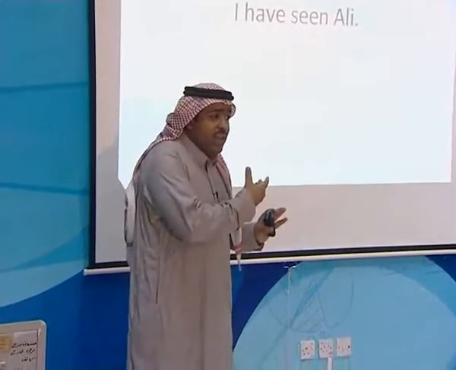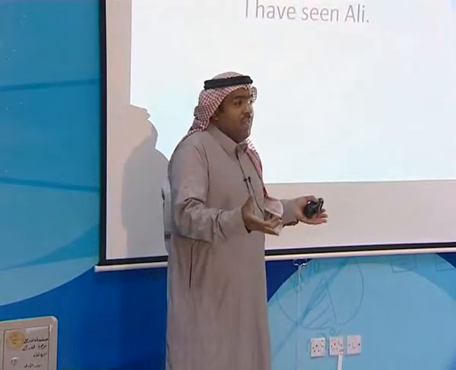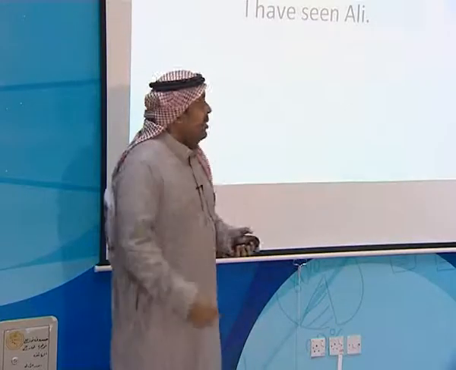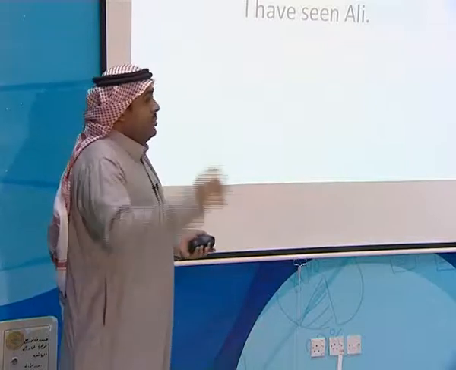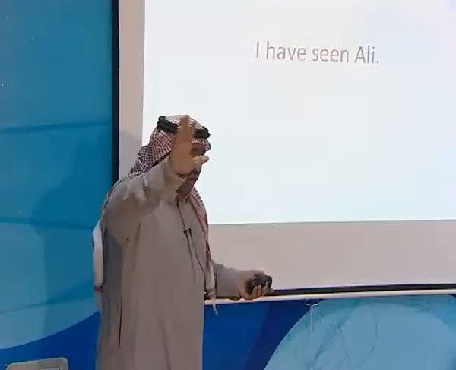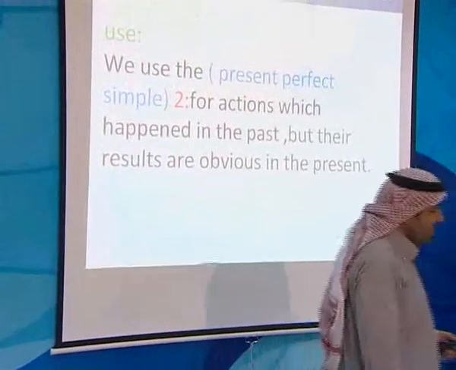Is it yesterday? 2 days ago? We don't know. It just happened in the past. Okay? So, action in the past, but there is no exact time. This use number one. Any question? Use number one. Is it okay? Okay, good. Let's take a look at use number two.